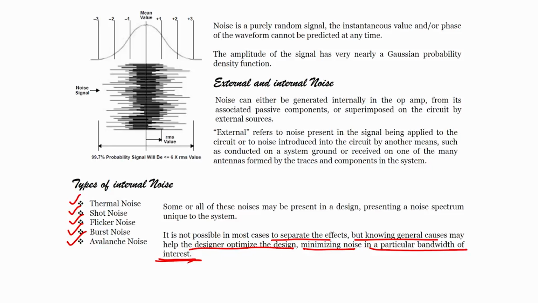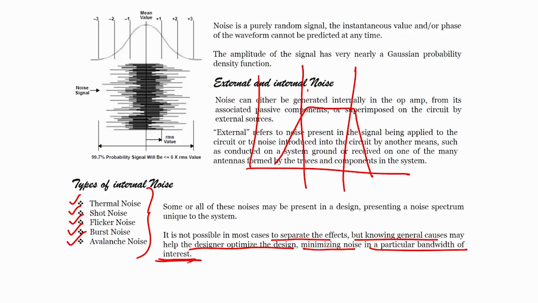So, all this noise may be present in the system, and it may not be possible to separate and remove the effect of the noise on the system. But if we know that these are the noises possibly present in the system, at least in the band of interest, we can optimize the design. We have seen filters, and let us say this is a band pass filter, and this is our band of interest.